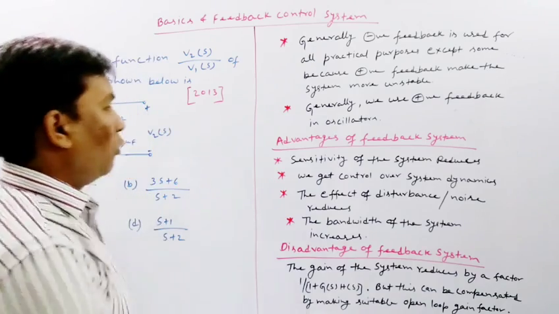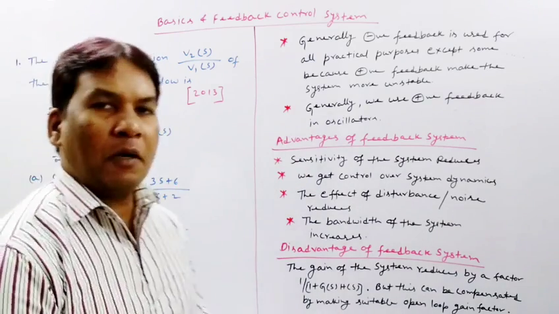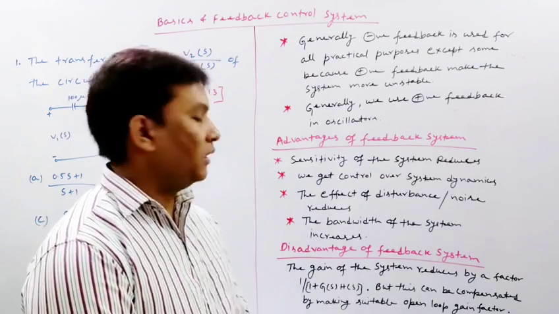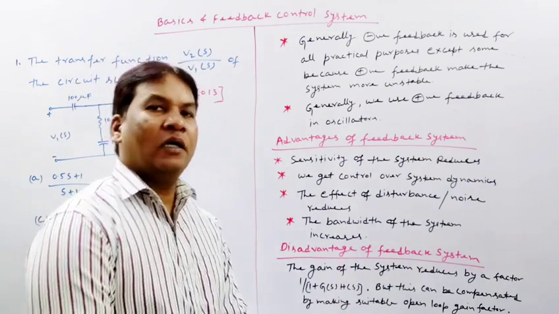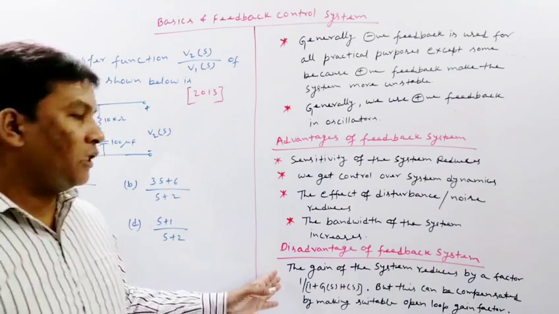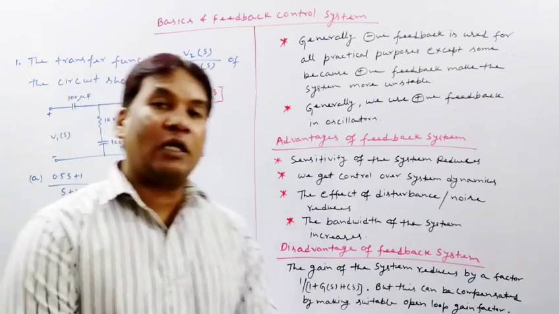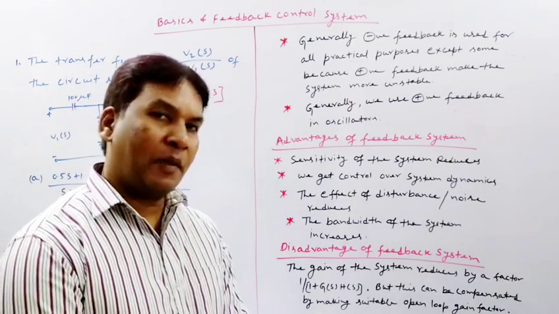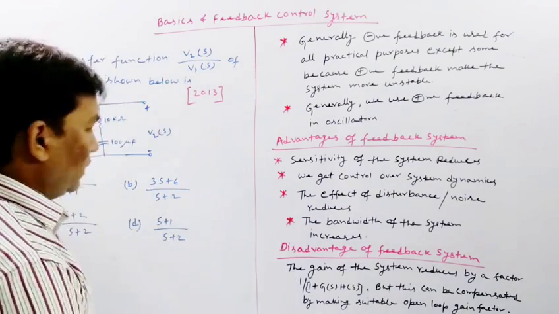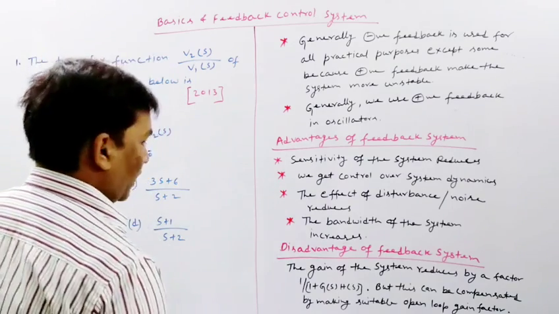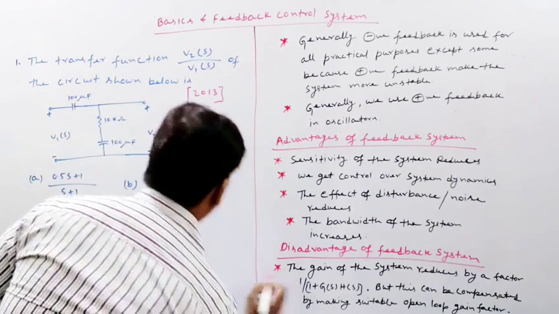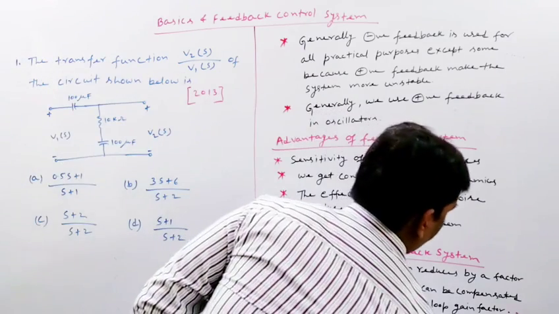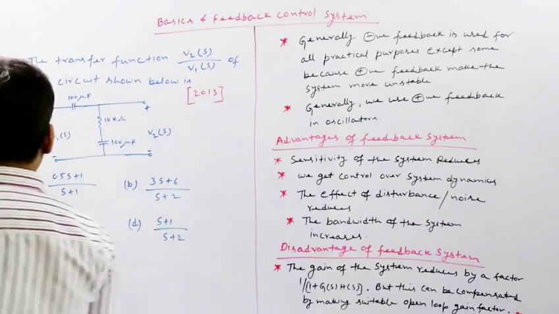So the closed loop system is more advantageous, or you can say feedback system has more advantages than the open loop system. This is the first disadvantage, and the second disadvantage is that the closed loop system is complicated and expensive. So let me write the other disadvantage here.